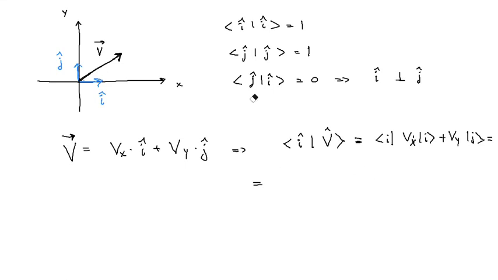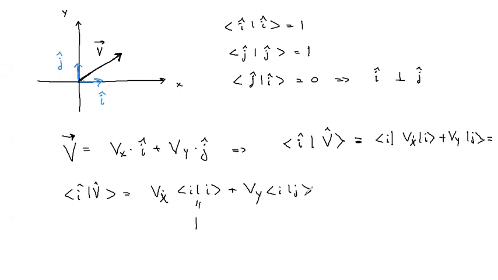What am I going to get? If you take a scalar dot product between the entire vector V and I, you're going to get something like this: Vx, I and I, and Vy, I and J. What is the dot product between I and I? 1.